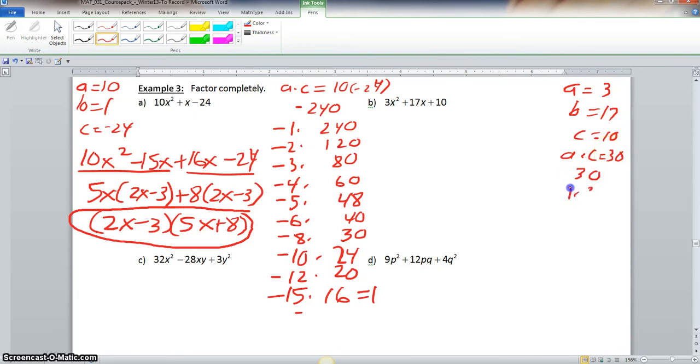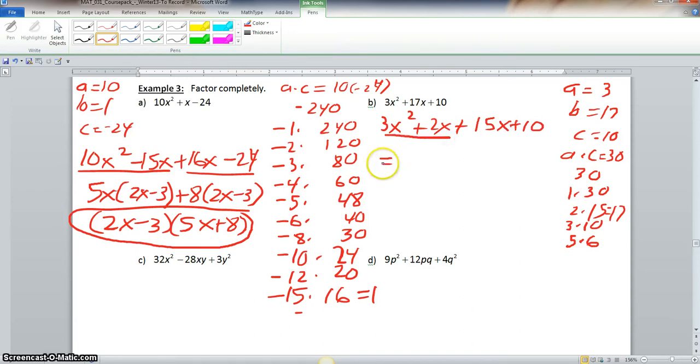So the factors of 30 are 1 and 30, 2 and 15, 3 and 10, and 5 and 6. Now, since all of them are positive, we could just add them together. And the two numbers that will give us 17 are 2 and 15. So now we have 3x squared plus 2x plus 15x plus 10.